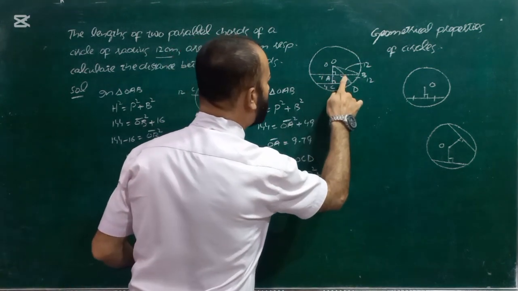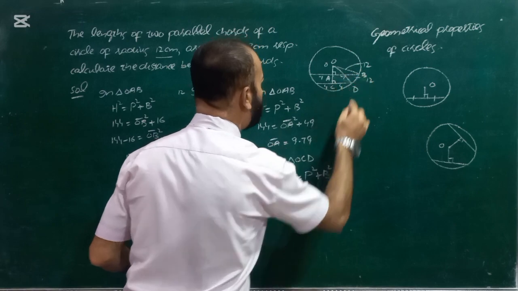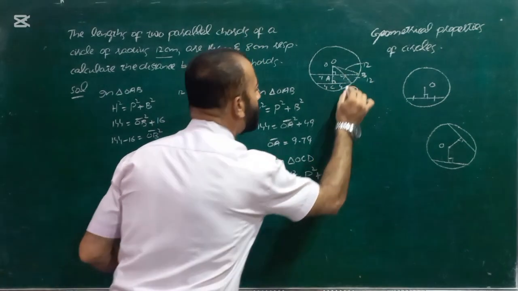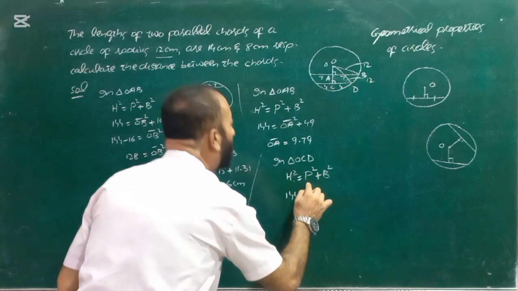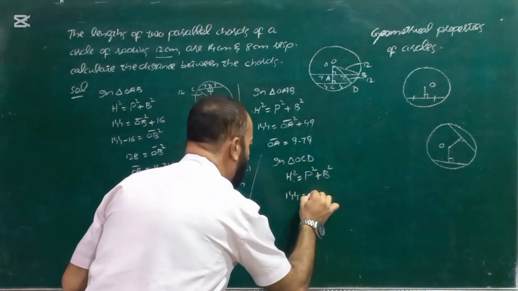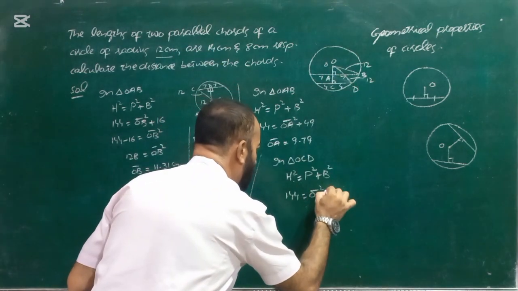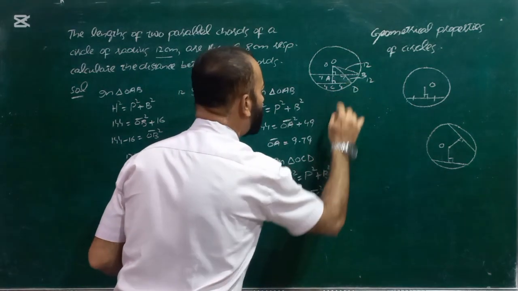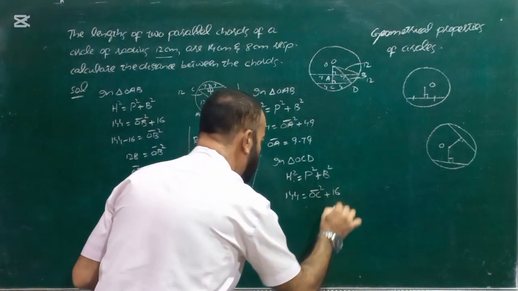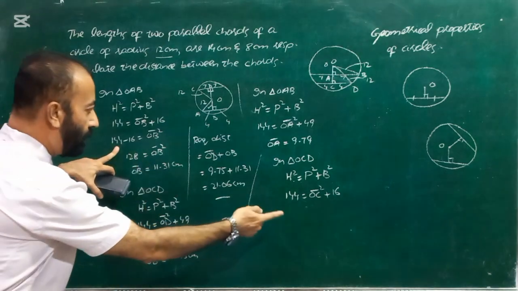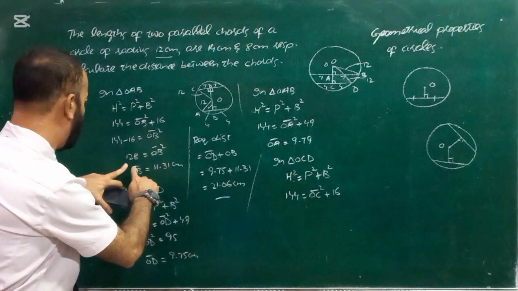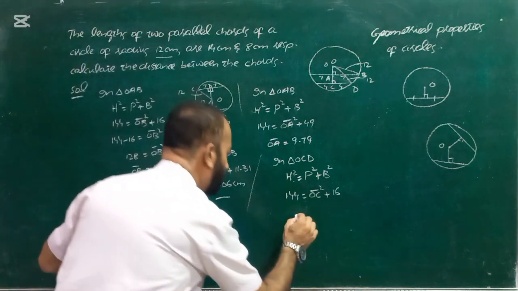Hypotenuse is definitely the radius, that is 12. So here is the 12. So that is 144. Perpendicular is missing, that is OC square plus base is 4. So 16. So look now, this will be this case. So 144 minus 16. So OC will be equal to 11.31.